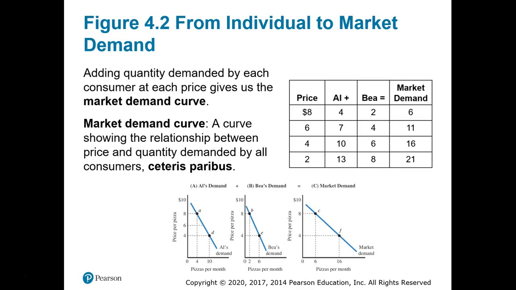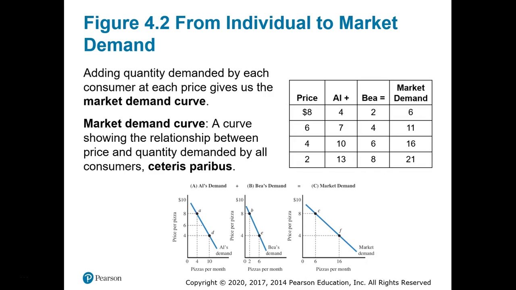So Al's number 2309, Pizza Hut. His demand, he had for $8, 4 pizzas per month. For $4, he had 10. But B's 3010 at $8 only sold 2, and at 4 only sold 6.